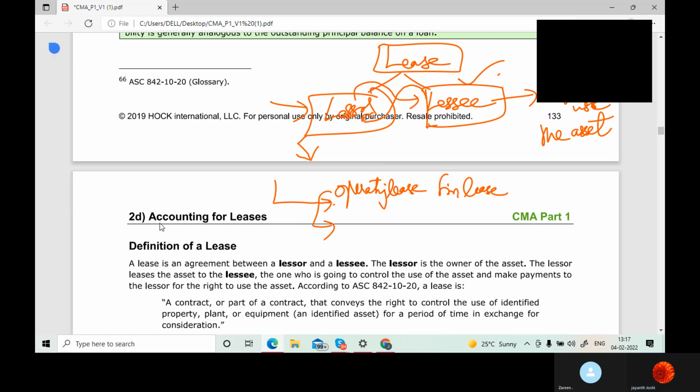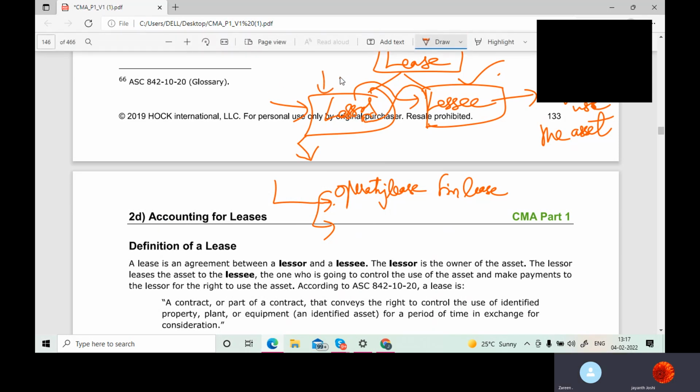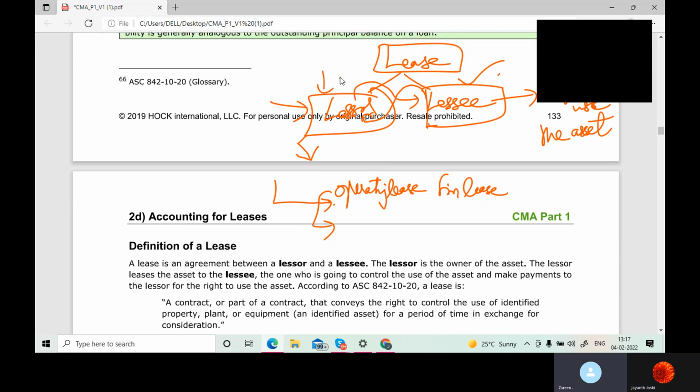Reward in the sense he will be charging the lease rental to you, and he would be the one who takes care of the property. If any damage happens to the asset, who would be bearing those damages? Lessor. Got my point? It's a kind of long-term rental agreement.